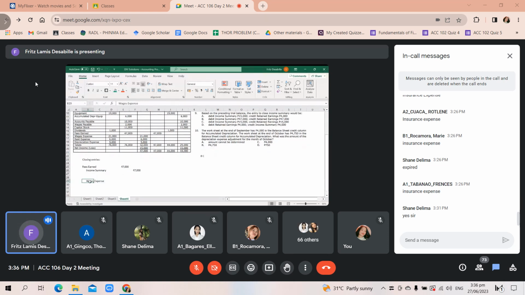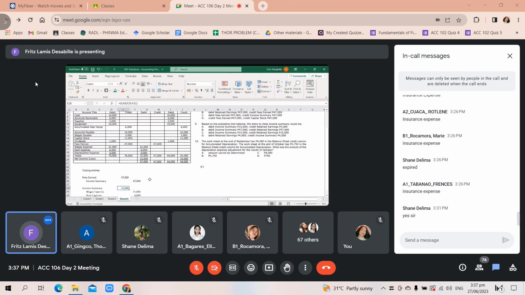Sorry, wages expense should be credited, income summary should be debited to close out the expenses. So wages kay 21, rent kay 6, and depreciation 5. So income summary na to total 32. Our net income is 15.